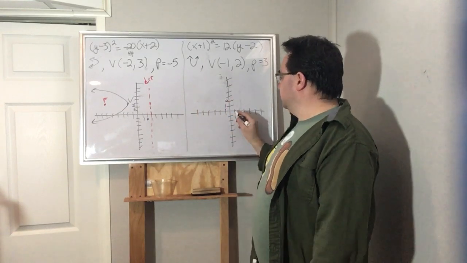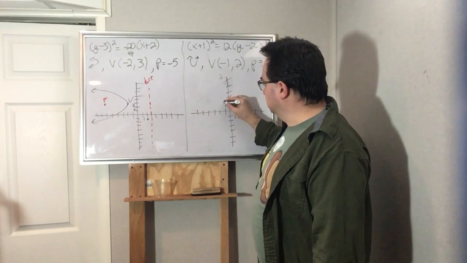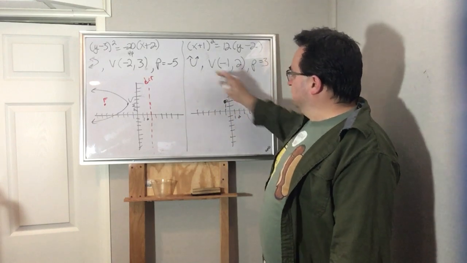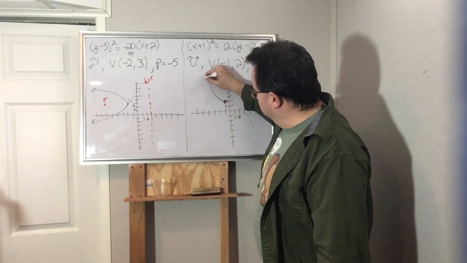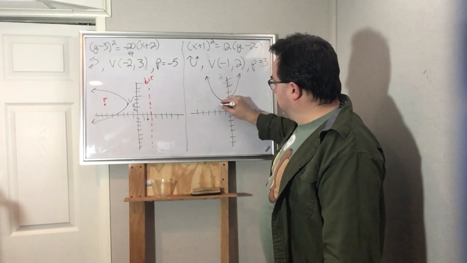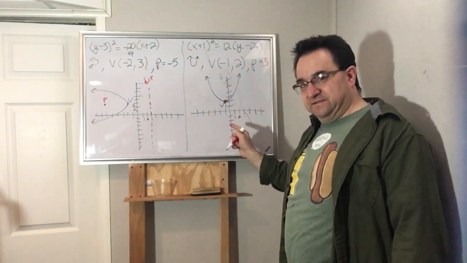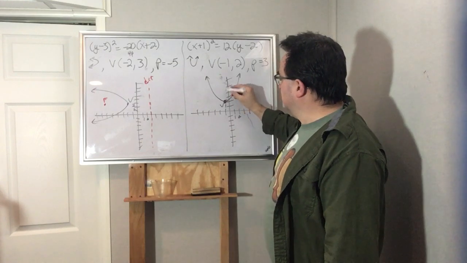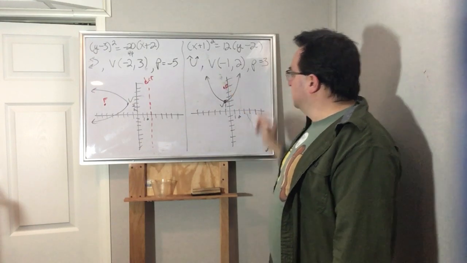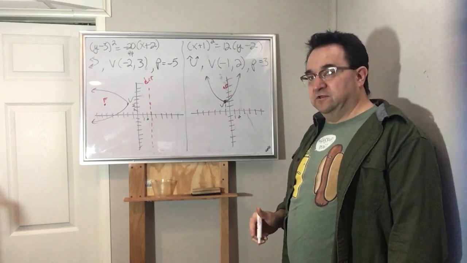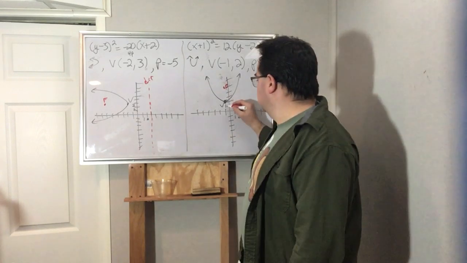I have a vertex at negative 1, 2. This opens up. Then the focus will be 3 units inside the dish, and the directrix will be 3 units on the other side.